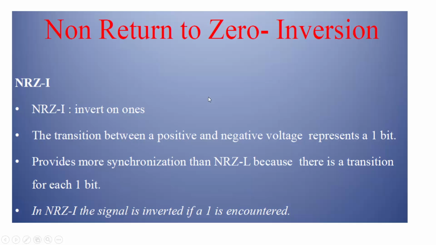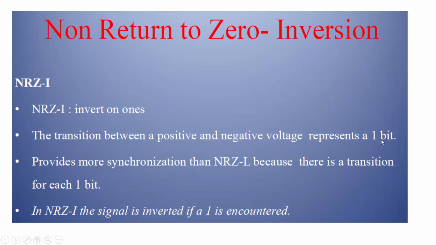So let's look at non-return to zero inversion. I stands for inversion. So NRZ-I, invert on ones. The voltage level will invert whenever there is a one in the bit stream. The transition between a positive and negative voltage represents a 1 bit.